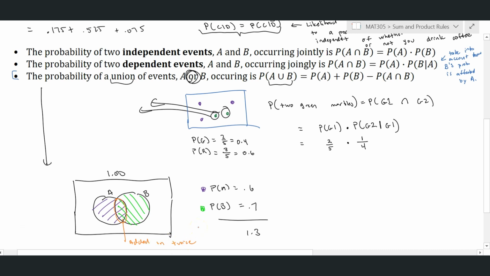And how do I account for that if it's been added in twice? Well, what is that region? That's the intersection between A and B. And because it's been added in twice, we subtract away the probability that both things happen, in situations where A and B are not mutually exclusive. There's some stuff that is included in both.